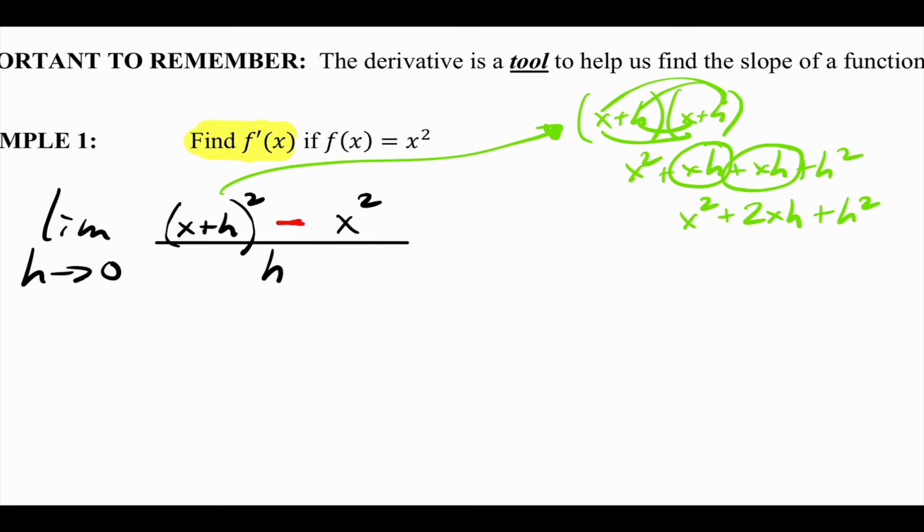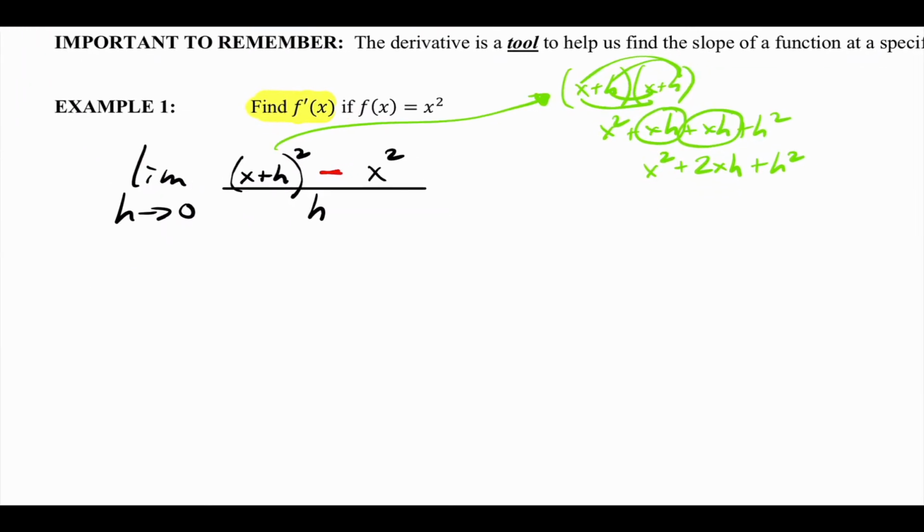So I'm going to replace that. I'm going to rewrite the problem. So instead of x plus h squared, I'm going to write the multiplied version out.